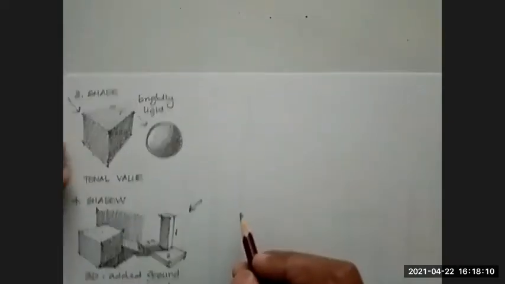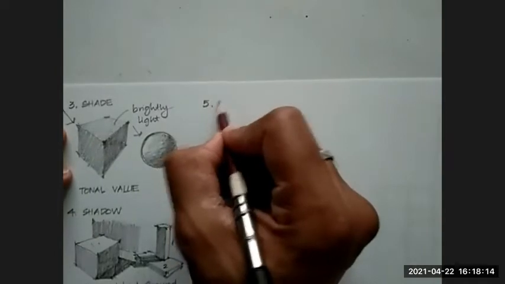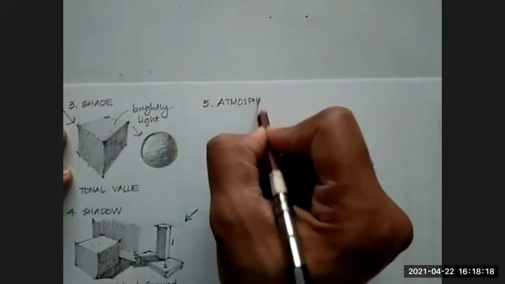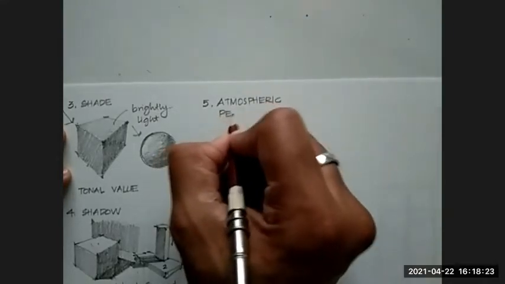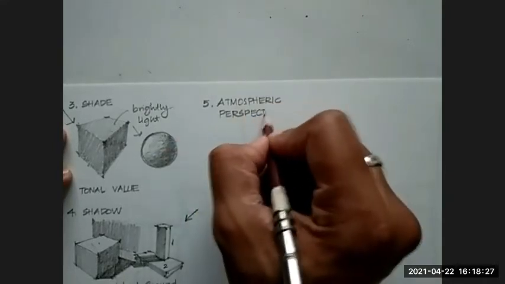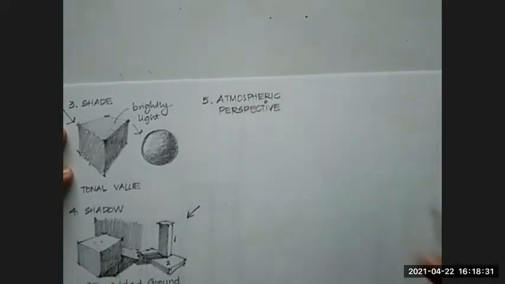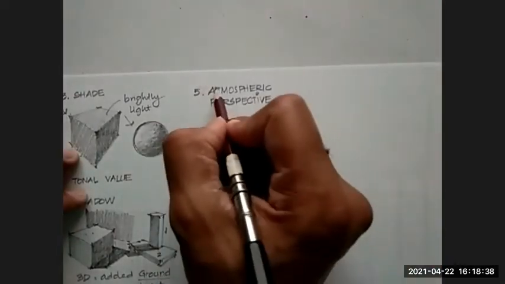Then the fifth principle has many other criteria, which is called atmosphere or atmospheric perspective. Okay, now this is very evident in the exterior views. When you see the surroundings, it is very well observed.